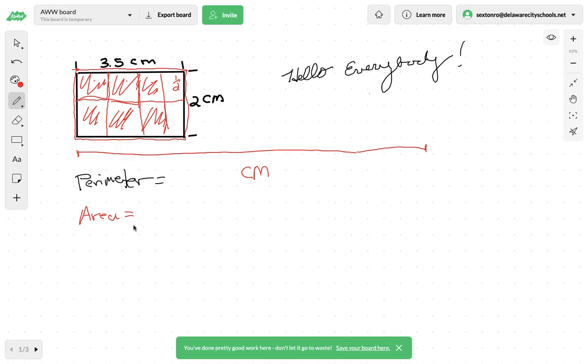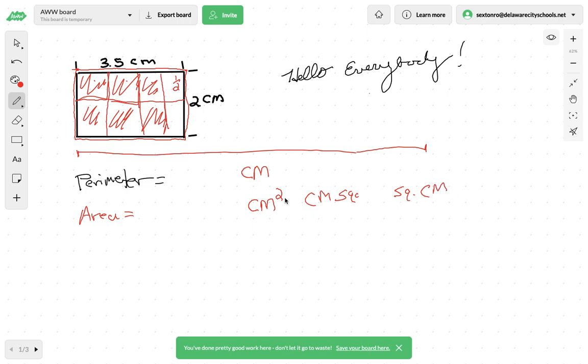Area, though, to find the area, I'm going to be taking the length times the width. I'm going to take this 3.5 centimeters and I'm going to multiply it by 2 centimeters. So I'm going to end up with centimeters multiplied together, which is why we call it centimeters squared, right? I could also write that as centimeters squared if I like, or you can write square centimeters.